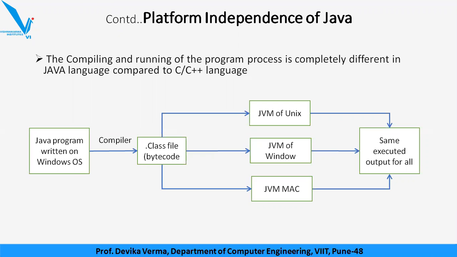This Java virtual machine's job is to convert this bytecode into machine code for the specific system it is running on, and then that program gets executed. So write once and run everywhere. This is what Java follows, right? You can write the code once and create the class file, which then can be picked up and run anywhere.